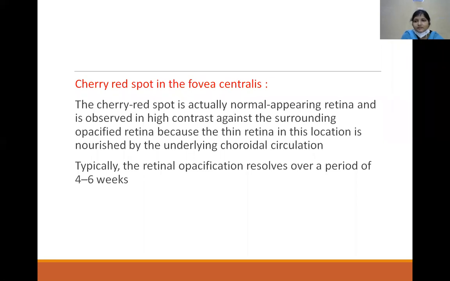Because the underlying vascular choroid can be seen clearly from the central fovea. As already mentioned, the fovea is very thin and the surrounding retina is edematous. So the underlying vascular choroid near the fovea is clearly seen in contrast to the surrounding milky white retinal edema. So we see a cherry red spot.